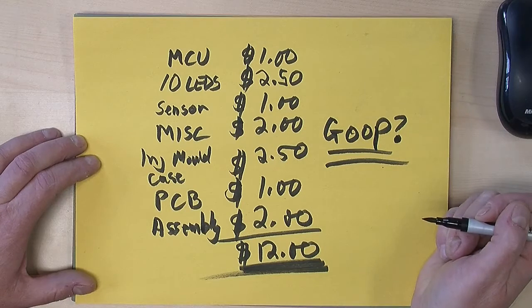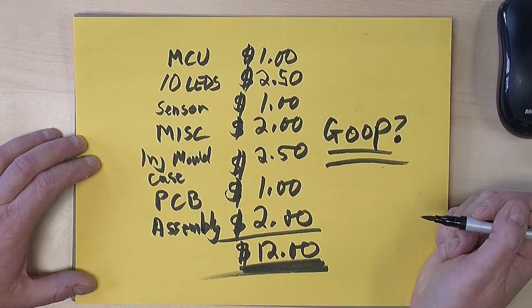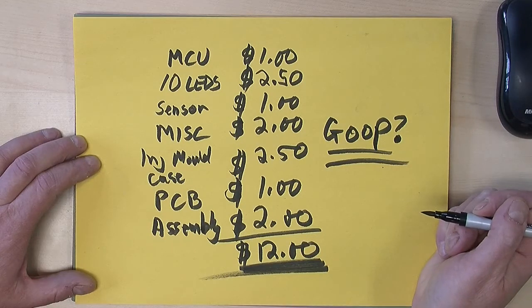So in the end, it's probably a lot like software. The actual hardware is minimal, and it's a lot of the stuff that uses that hardware that is actually the bulk of the cost. So there you have it. That's what a lamp test consists of and how much it probably cost them to make.